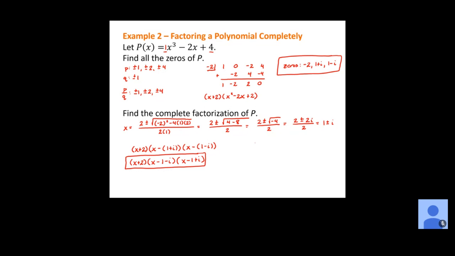Just keep in mind, whenever it asks for complete factorization, we're looking for the linear factors with just an x to the first power that have complex numbers now as those factors. Okay, so we can use the 1 minus i and the 1 plus i as the zeros to get those factors now. Everything should be an x to the first power as our factors.